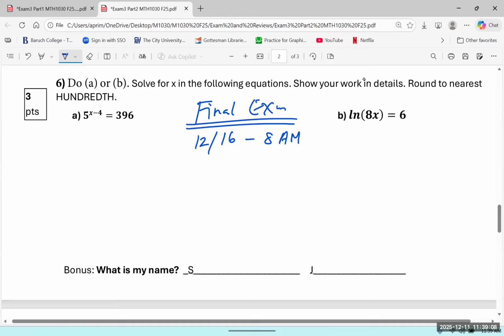Location. It will not be in this classroom. It will be 6th floor, room number 119, which is in the med department, so it's close to the med department.